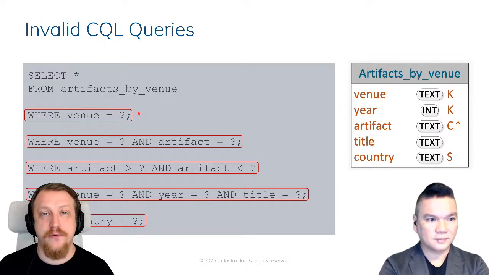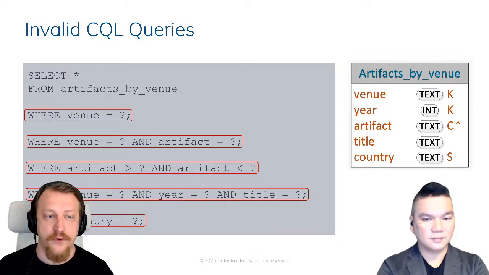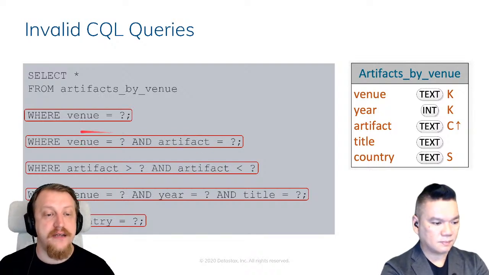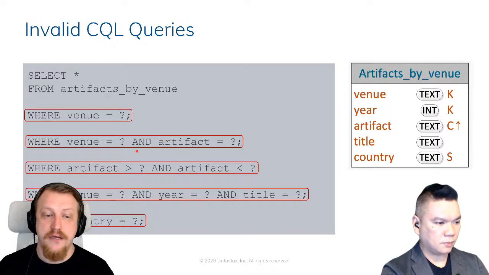Cassandra drops this request; if you use allow filtering, Cassandra executes the query, and that's a full cluster scan. Avoid. Next, where venue and artifact. Again, year is missing, so we have two parts of the primary key, but at first we need the partition key. The partition key identifies the partition. This will not work. Where artifact is bigger and smaller, again, we are missing the partition entirely.